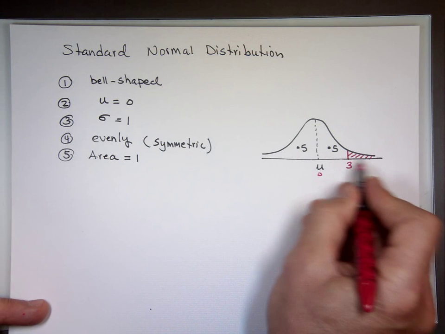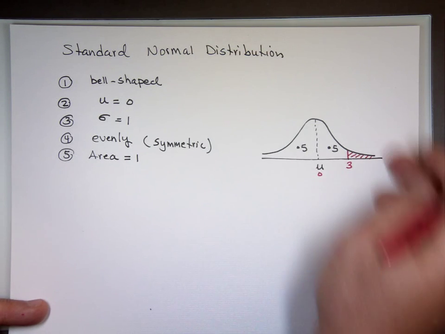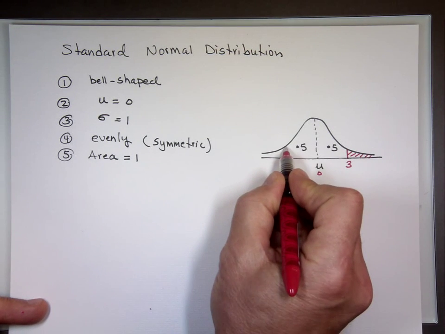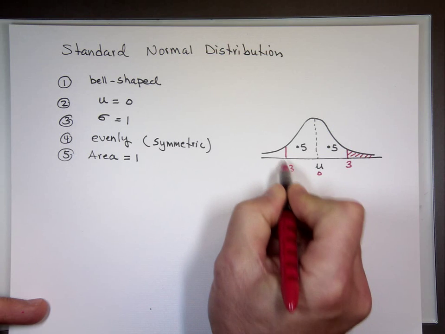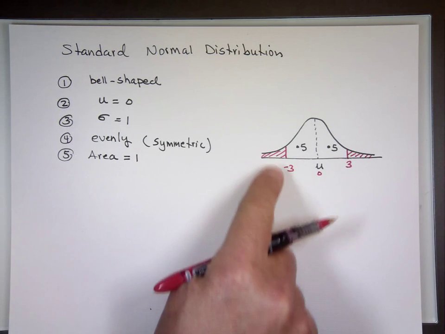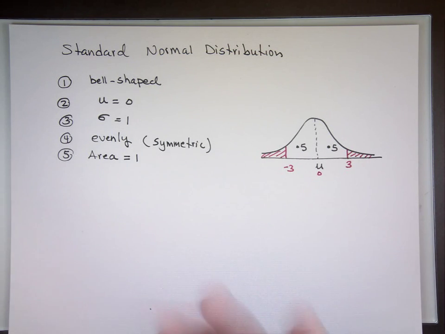If I want the area to the right of that, my table doesn't help me. It gives me to the left. I can do that since the whole thing is 1, so 1 minus that number. Or, since it's symmetric, I can look for the -3 and look to the left of -3. Because it's a symmetric graph, the area to the left of this is the same size as the area to the right of that. So that's why I wrote the word symmetric here. But I could do 1 minus that number, yes.